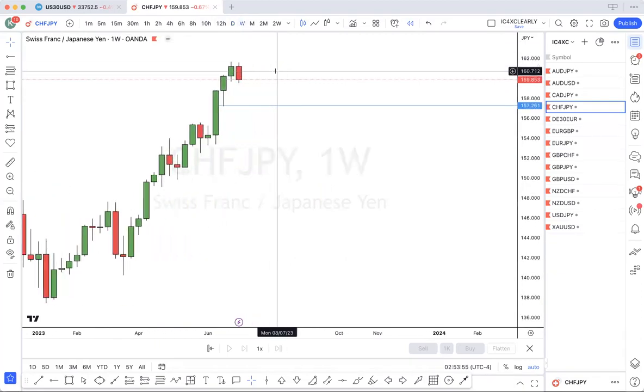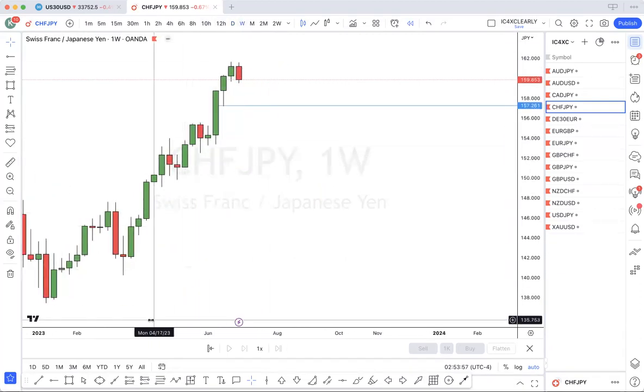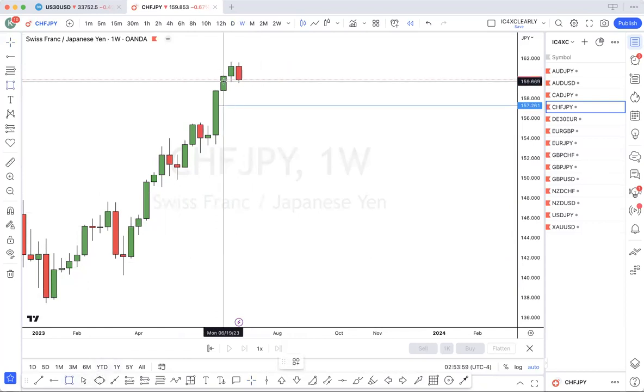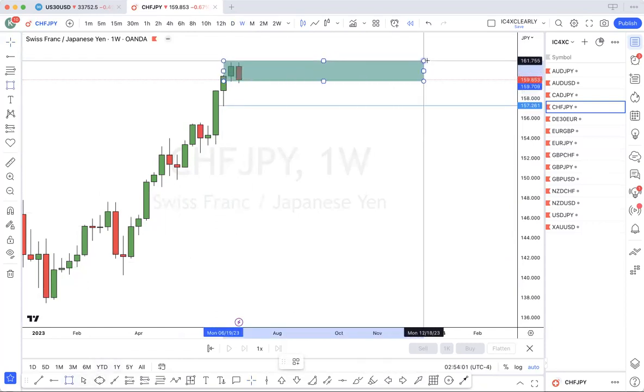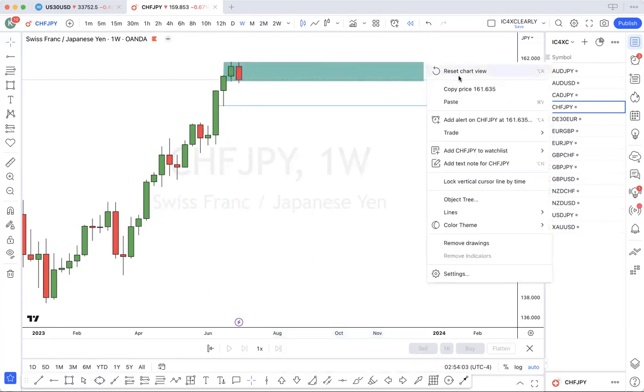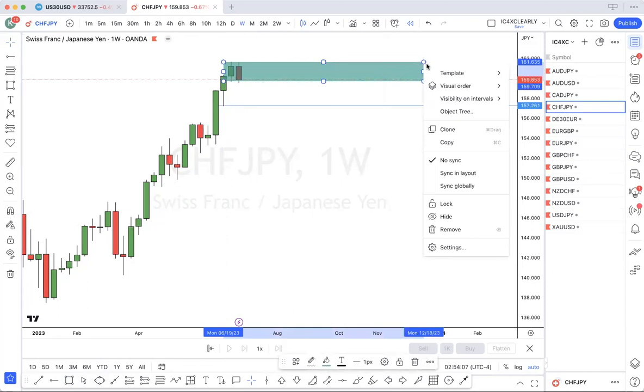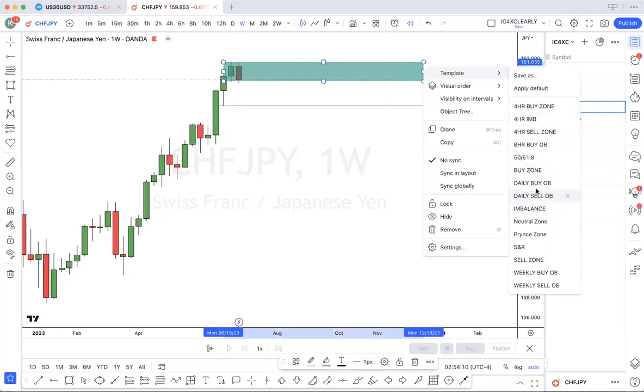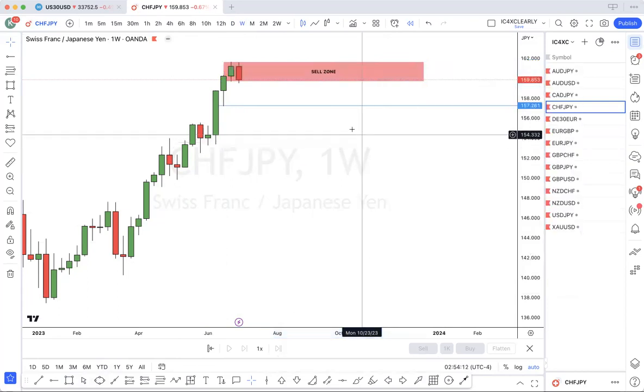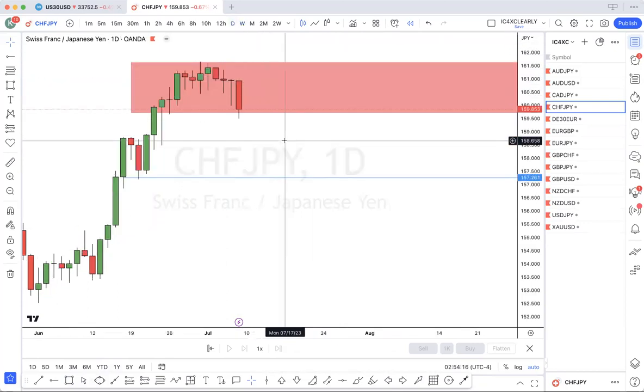So this week, sell zone. Okay. So let's go down to the daily.